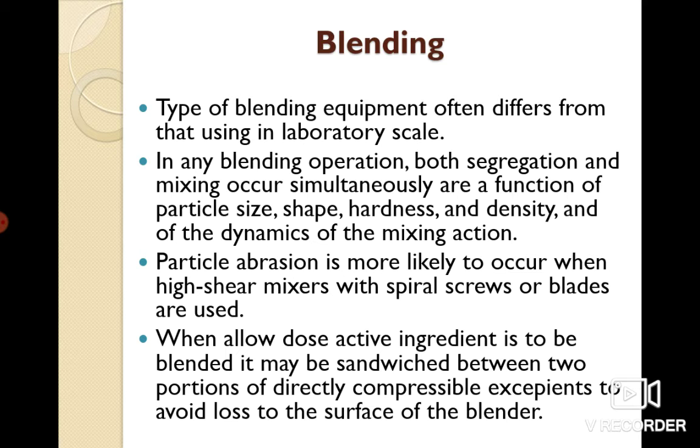Particle abrasion is more likely to occur when high shear mixers with spiral screws or blades are used. When a low dose active ingredient is to be blended, it may be sandwiched between two portions of the directly compressible excipients to avoid loss to the surface of the blender.